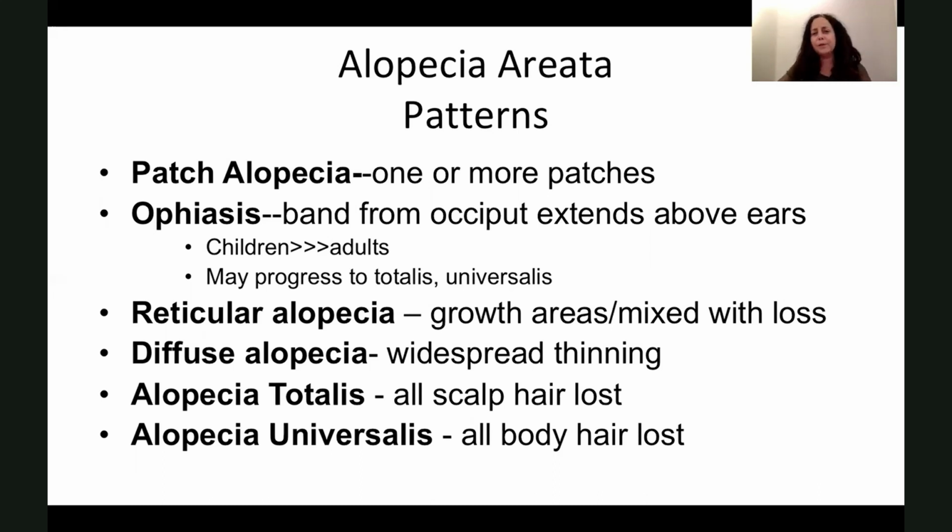This has a probably poor prognosis and may be at higher risk of progressing to totalis or universalis. Reticular alopecia is areas of growth mixed with areas of loss. Diffuse alopecia is widespread thinning without an actual bald patch, and this is less common. Alopecia totalis is the total loss of scalp hair, and alopecia universalis is the total loss of all body hair.